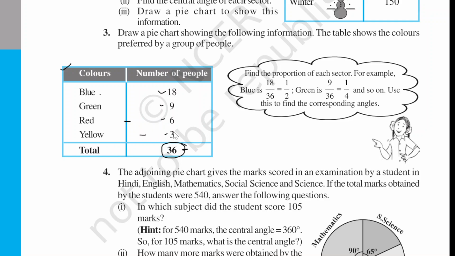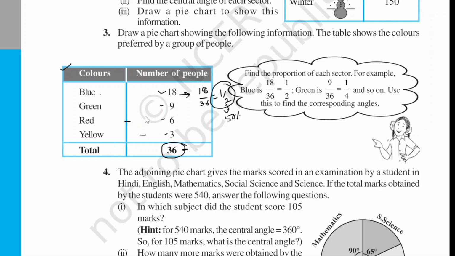So first step, you have to find the proportion of each sector. For example, for blue, what will be your proportion? In terms of ratio, it will be 18 out of 36, so half. Half of 36 is 18, so 50% are going for blue.